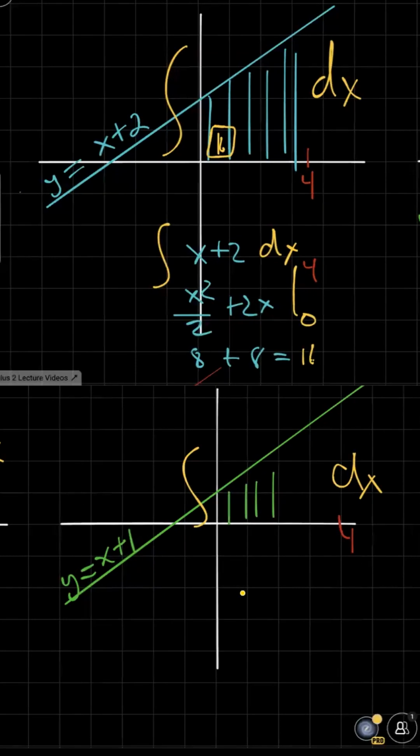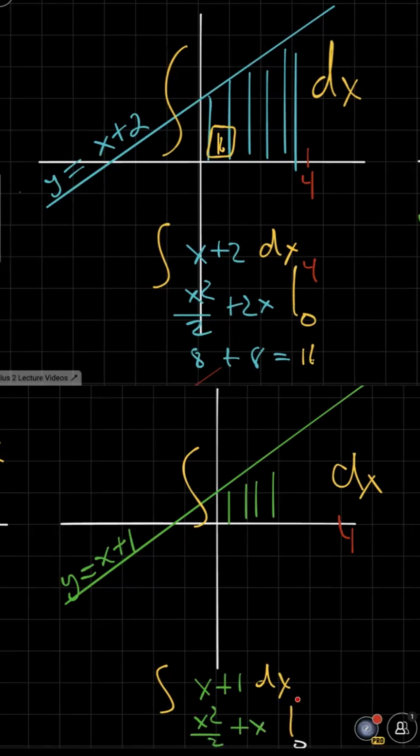Okay, so doing the integral formula, in this case our equation is x plus 1 dx. When you integrate that, this becomes x squared over 2 plus just x, from 0 to 4.